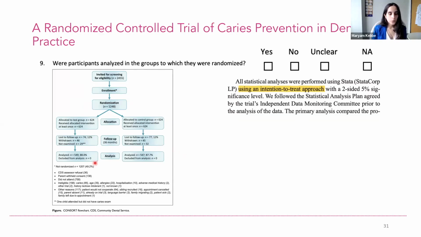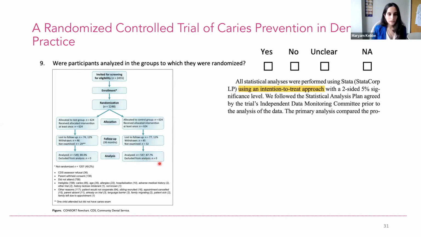And so once you subtract those who withdrew from the trial or who were not examined for any of those reasons, then you actually have a total of 549 participants in the treatment group and 547 participants in the control group. And they say here that analyzed n equals 549, analyzed n equals 547.